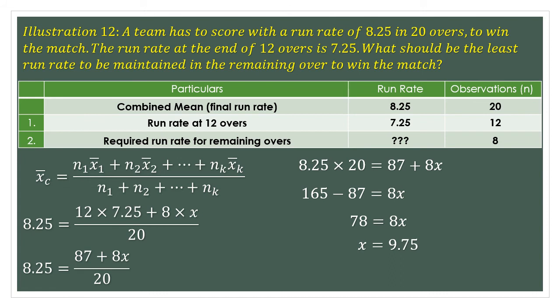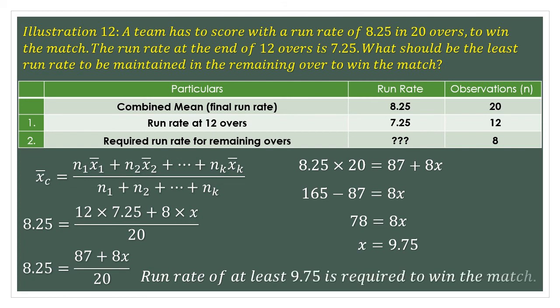X is equal to 9.75. What is X? The required run rate for the remaining overs. So a run rate of at least 9.75 is required to win the match. So in the remaining 8 overs, if we maintain at least a run rate of 9.75 runs per over, we will win the match. Quite a practical sum it is.